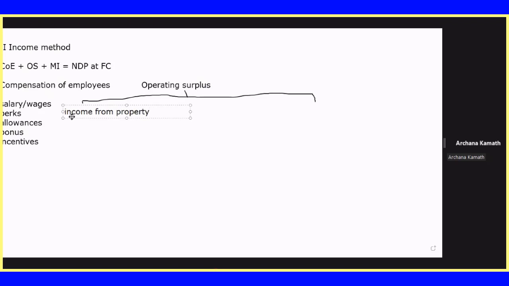The second is income from entrepreneurship. You are running some business or entrepreneurship, anything from which you are earning income. That is generally in the form of profit. Income from entrepreneurship is nothing but income earned in the form of profit.